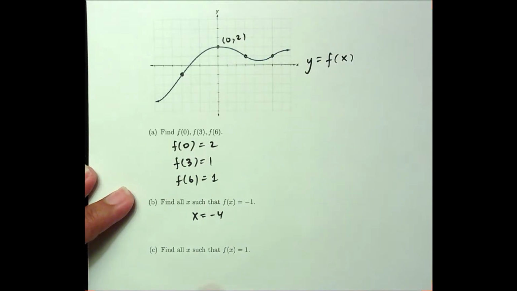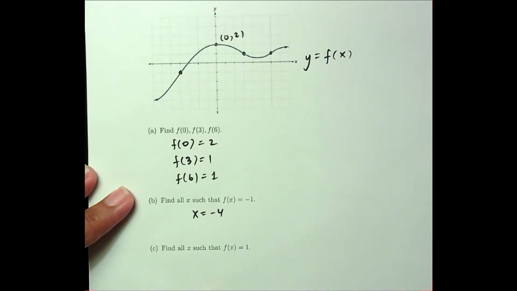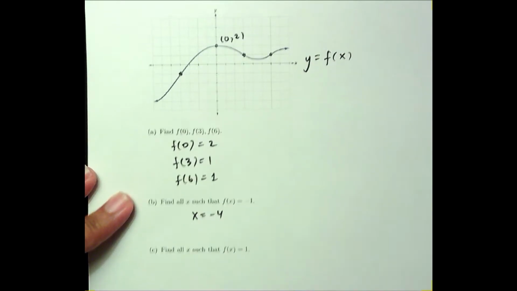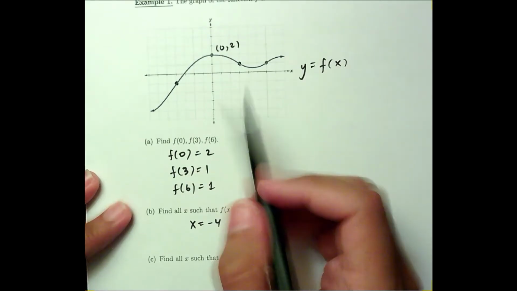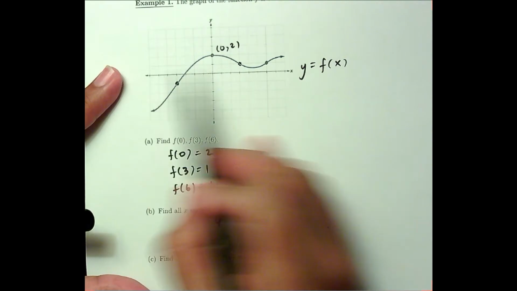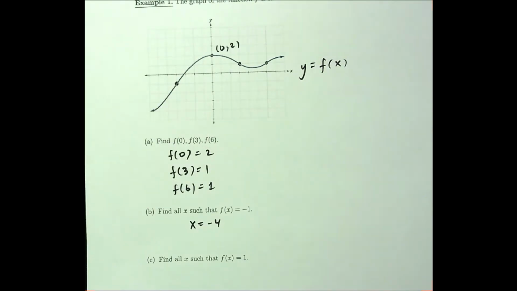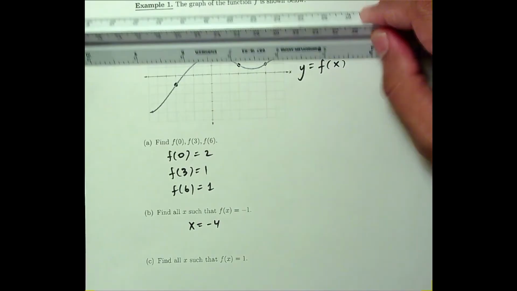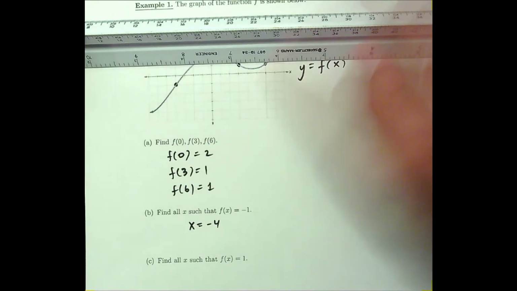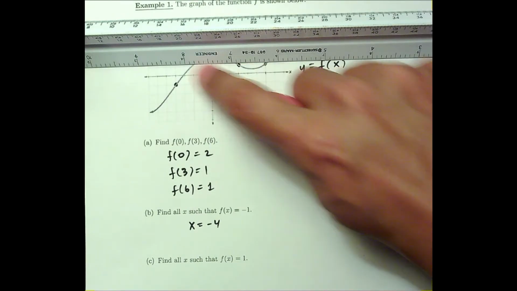Okay, similarly for this one, it says find all x such that f of x, and f of x is the y-coordinate, so find all x such that the corresponding y-coordinate is 1. Imagine the horizontal line y equals 1, and you can see there are 3 points: that one, that one, and that one.